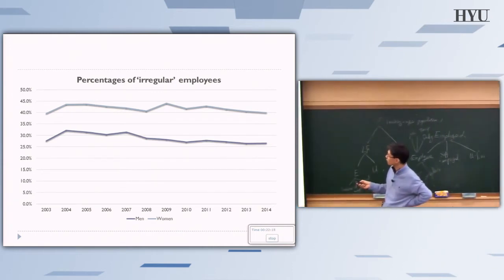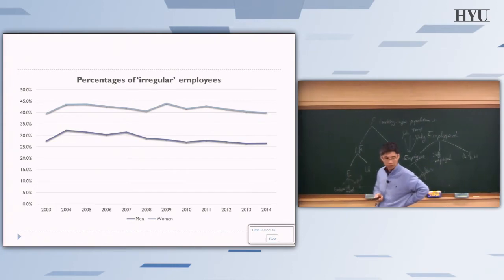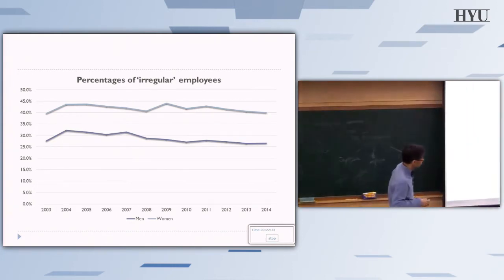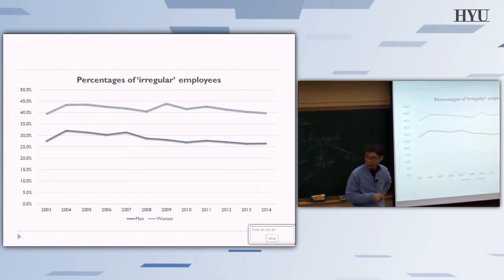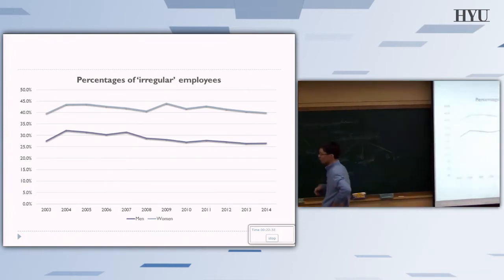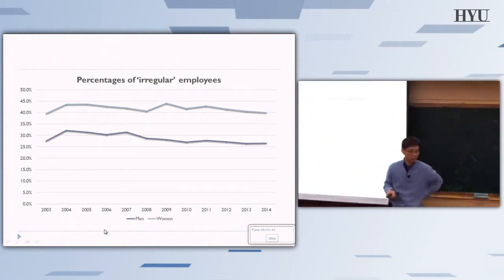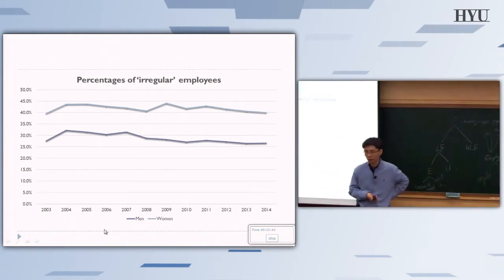For women, if you compare to here, it's smaller. So close to 45%, but it's around 40%. So there is a little drop, but it goes up and down. Okay. So these are the basic categorizations of employed persons you often hear in newspapers or in statistics.